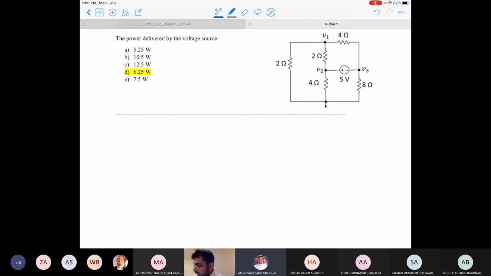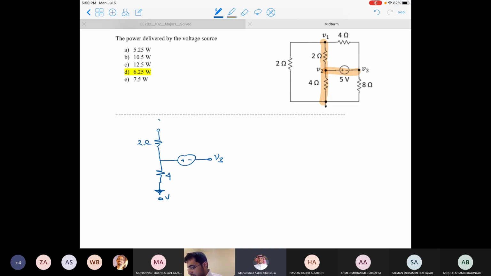Let me take this portion of the circuit, cut it, and draw it here. I did not do anything here.